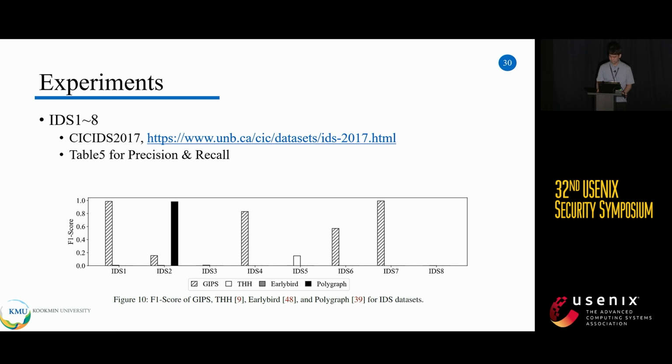However, GIFs and other schemes do not work at all for the IDS5 dataset. This is because the dataset has many encrypted packets based on secure shell. And additionally, in the case of the IDS8, there exists no repetitive content that can generate any signatures too.